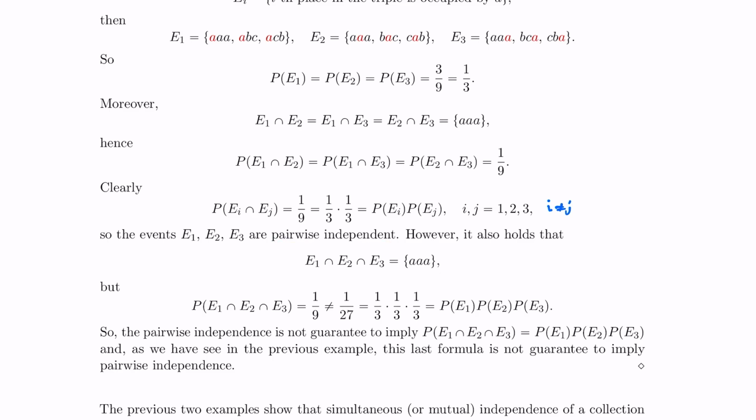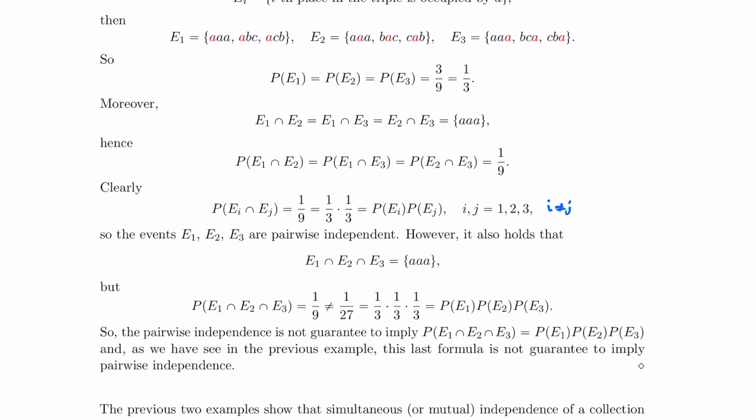Now we repeat the same argument, but using the intersection of all the 3 events. We obtain that this intersection is reduced again to the only outcome given by A repeated 3 times. So the probability of this intersection is 1 divided by 9, which, however, is different than 1 divided by 27, that is the product of the probabilities of each separate event.